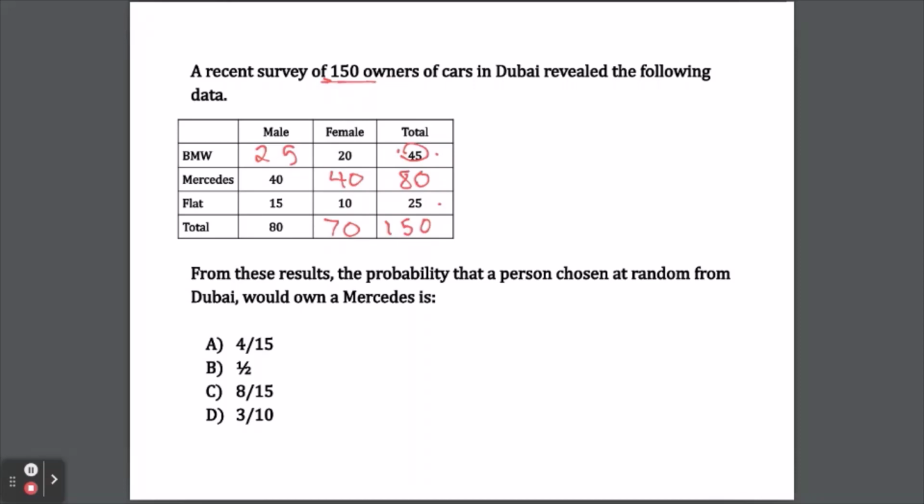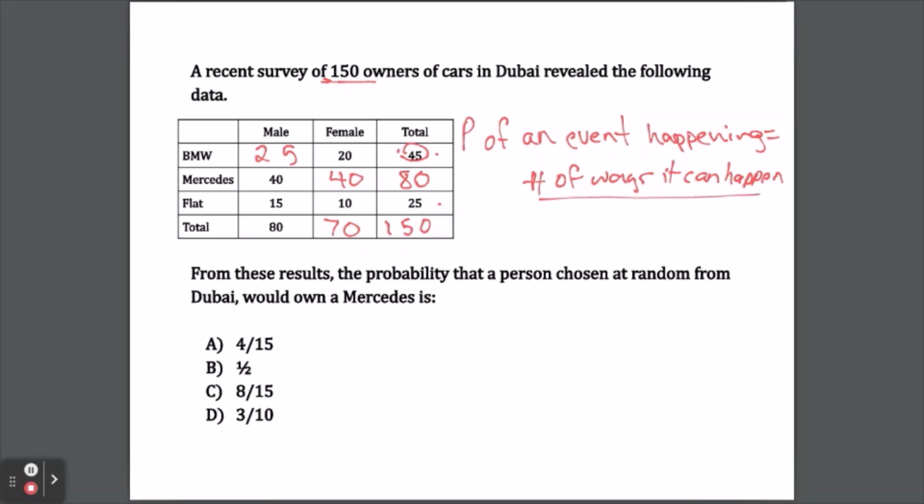We have a rule of probability, which is: the probability of an event happening is equal to the number of ways it can happen over the total number of outcomes.